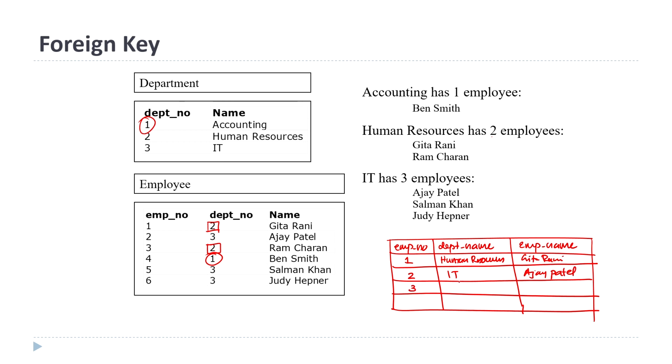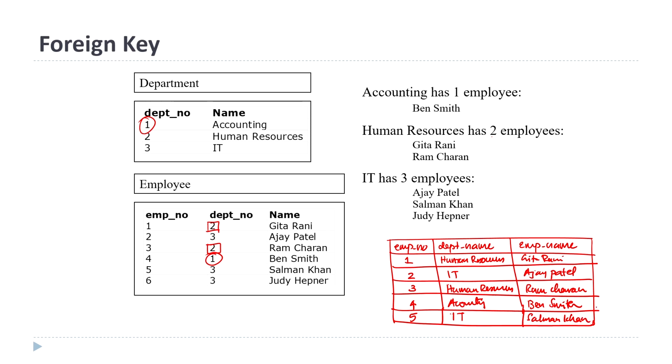Employee number 3 is human resources. Okay, Ram Charan. Okay, employee number 4 is accounting. Okay, Ben Smith. Let us just take one more employee. Employee number 5 is IT, Salman Khan.